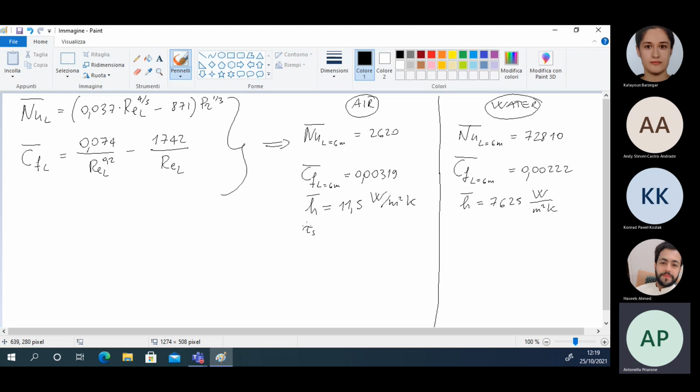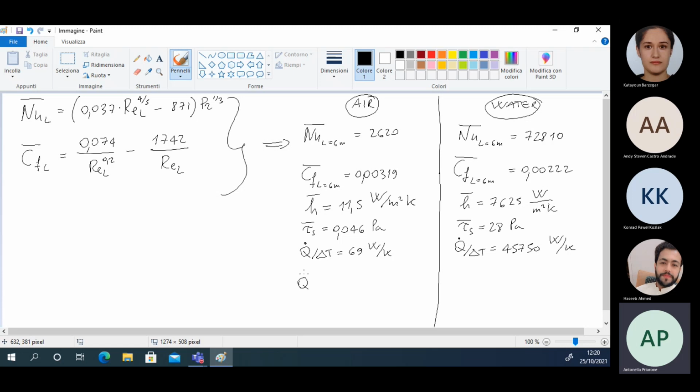The corresponding tau S, the surface shear stress, is equal to 0.046 Pascal for air, and tau S average value is equal to 28 Pascal for water. Q divided by delta T is equal to 69 watt per Kelvin for air, and Q divided by delta T is equal to 45,750 watt per Kelvin for water.